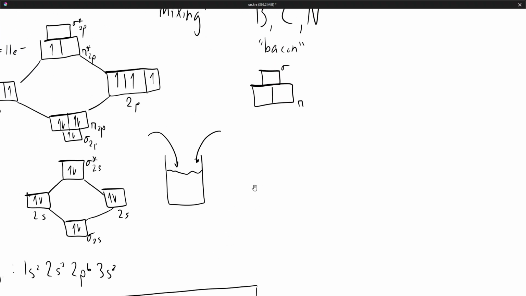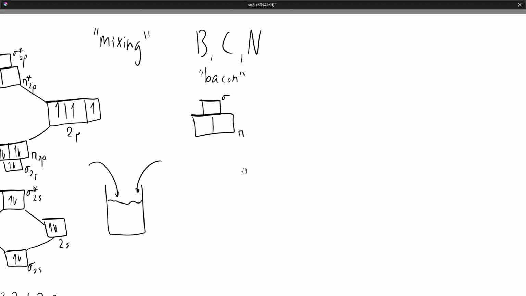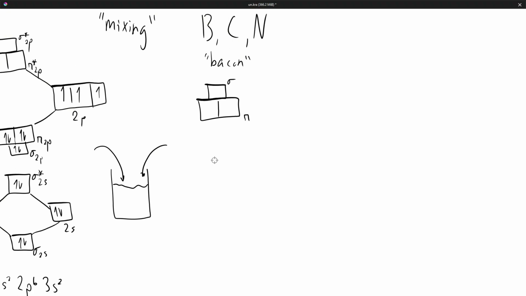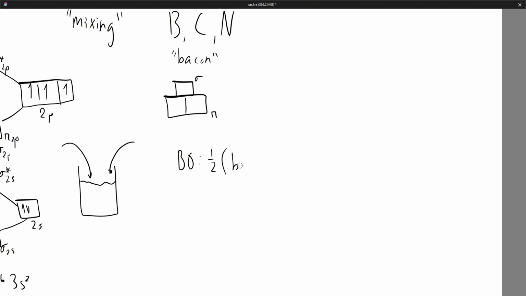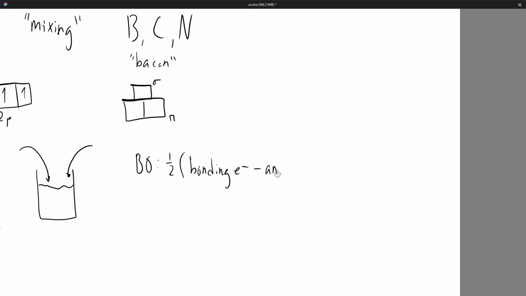So now we want to state whether it's stable and paramagnetic. To find whether it's stable, we want to look at bond order. Remember, bond order is 1/2 of the sum of bonding electrons minus anti-bonding electrons.